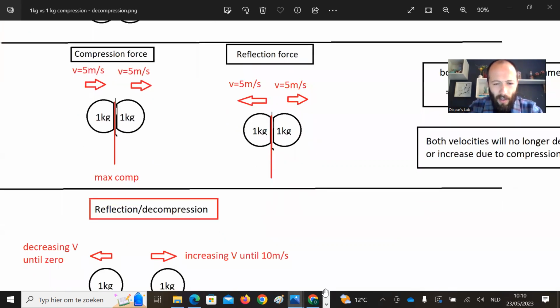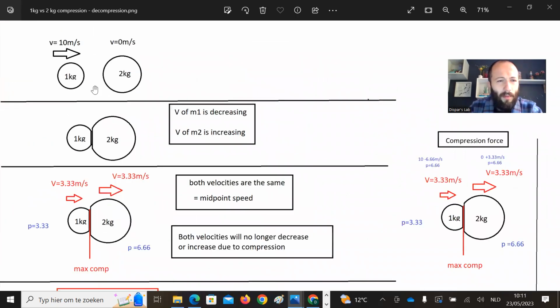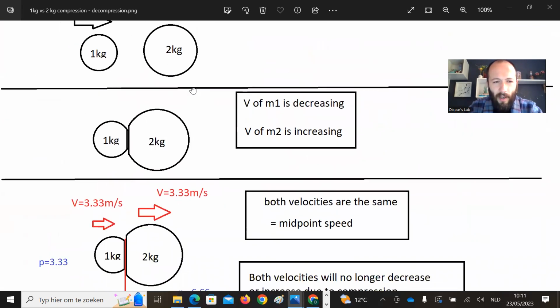All right, so let's now go to the 1 kilogram colliding into 2 kilogram. 1 versus 2. Which one is it? This one. So 1 kilogram comes in at 10 meters per second. 2 kilogram is standing still, 0 meters per second.